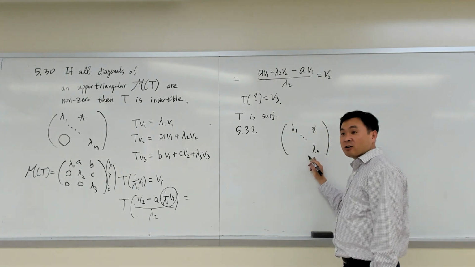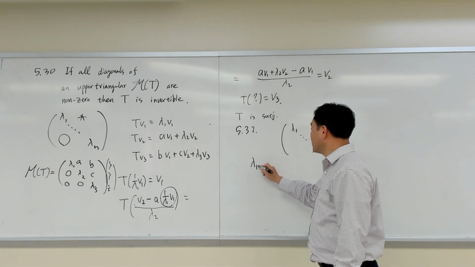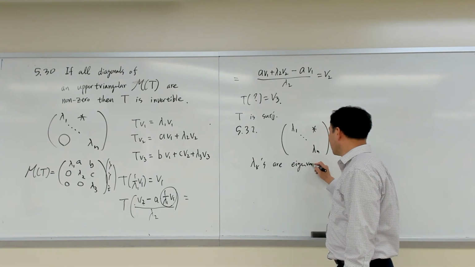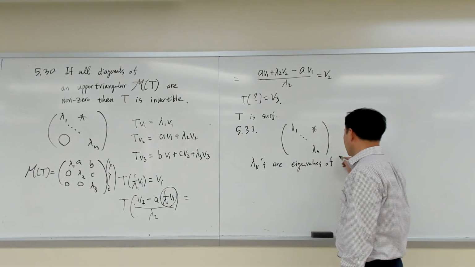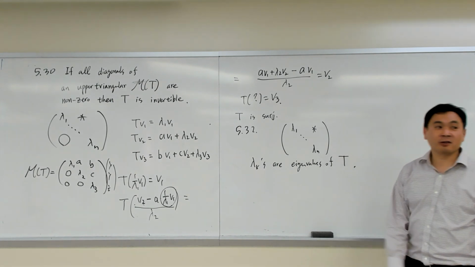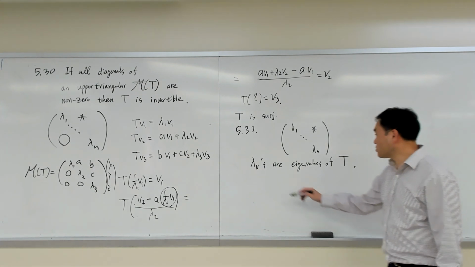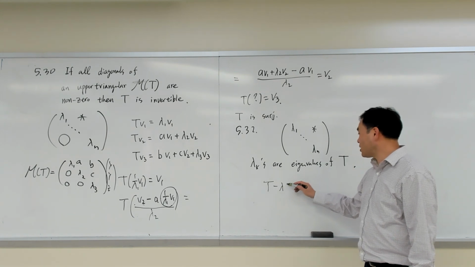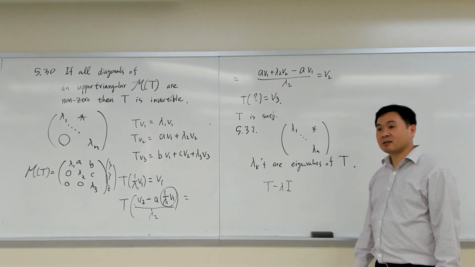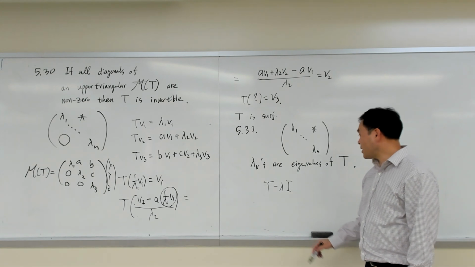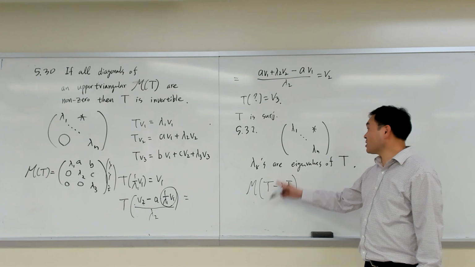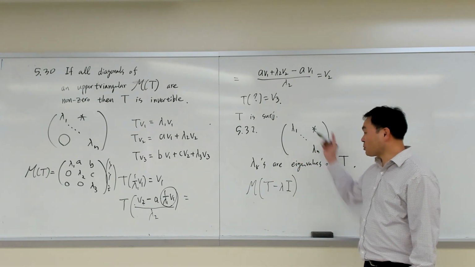these diagonal elements are eigenvalues of T. And why is that? Well, if you simply do T minus lambda I, and then you take the matrix with the basis that gives you this upper triangular form.